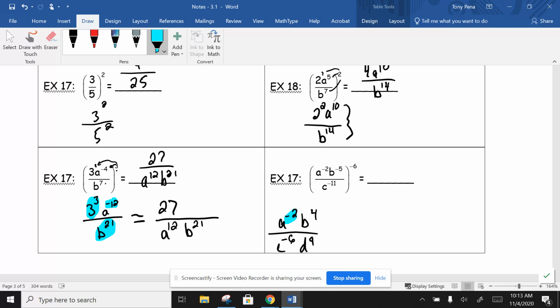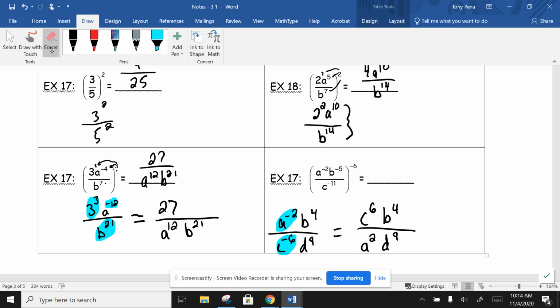The 2 that have negative exponents, this guy here, that needs to get flipped. So I'm going to put the a into the denominator. And then this also has a negative exponent, so that c needs to go into my numerator. Those are the only 2 that get moved. Notice how the b had a positive exponent, so it would stay on top. The d had a positive exponent, so he's going to stay in the denominator. We only flip the ones that have a negative exponent. All right? Okay, thank you.